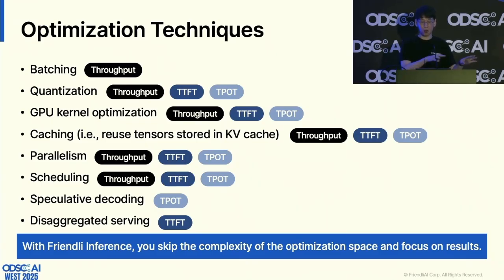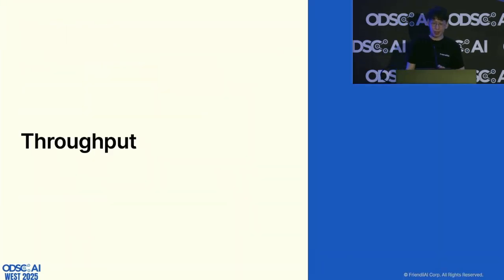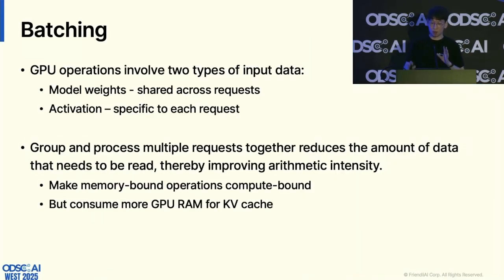Given the time, I'll walk through some techniques at a high level to highlight the key ideas. So first, throughput. The most important optimization for throughput is batching. As I said, GPUs have many computing cores, but to make full use of them, we need to give the GPU enough work.